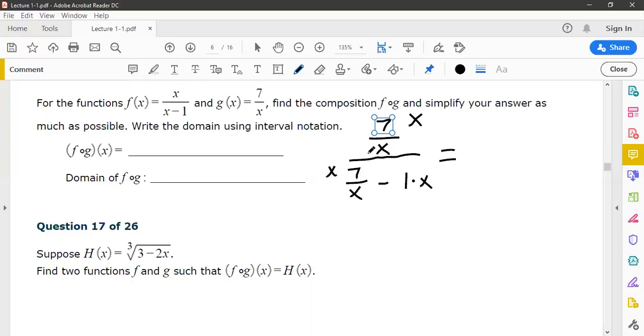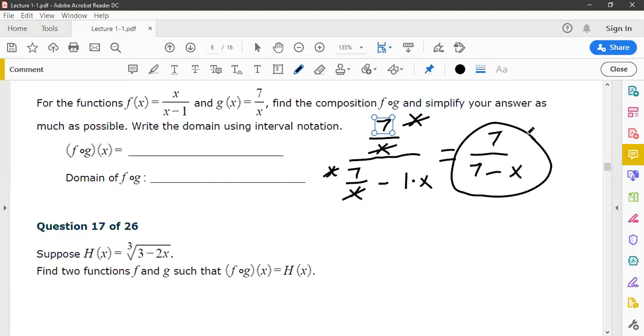So in the numerator, the x's reduce, just leaving me with 7. In the denominator, the x's reduce here and leaves me with 7. And we have minus x, or minus 1x left. So simplified, our answer would be 7 over 7 minus x.